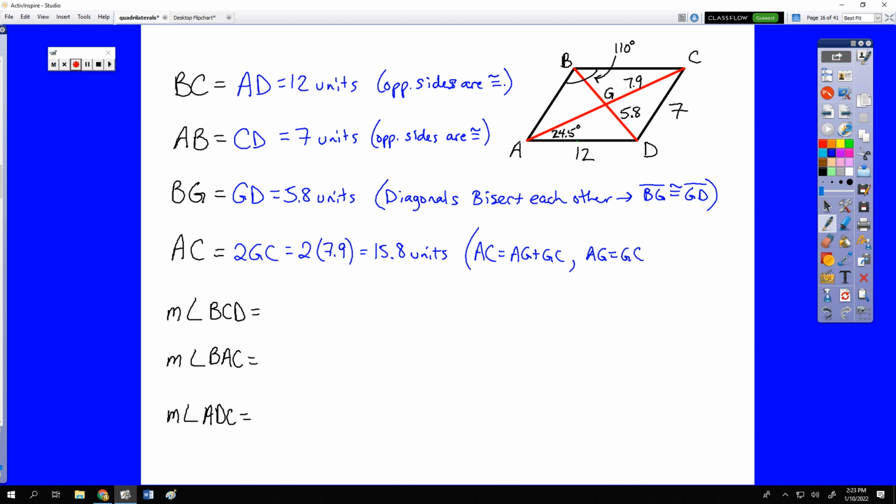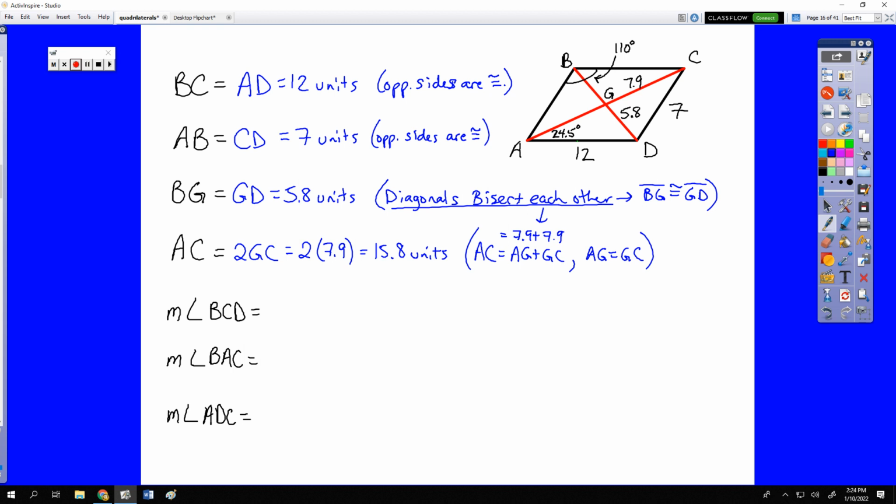Because they're both 7.9. So 7.9 plus 7.9. Okay, because again, the diagonals bisect each other, which gives us that.